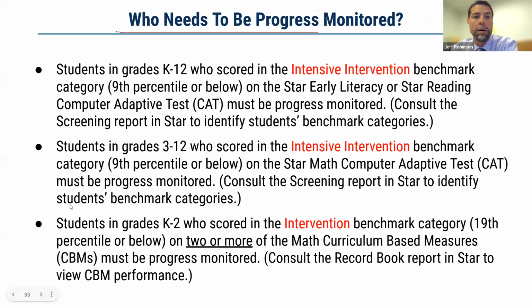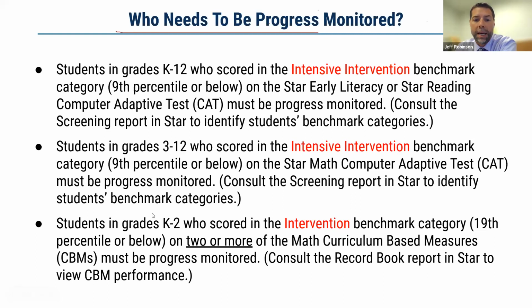So who needs to be progress monitored? For students in K-12, if they scored an intensive intervention on the early lit or the reading test, then you're going to want to progress monitor them. Students in grades 3 to 12 who scored an intensive intervention on the STAR Math computer adaptive should be progress monitored.